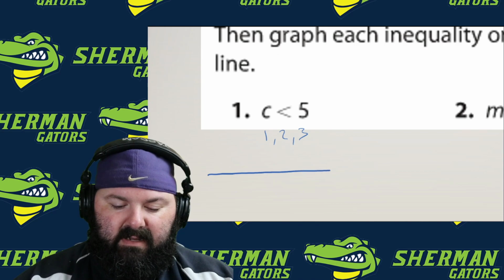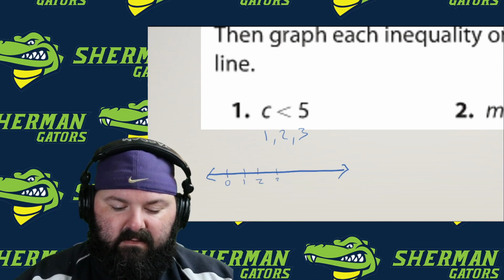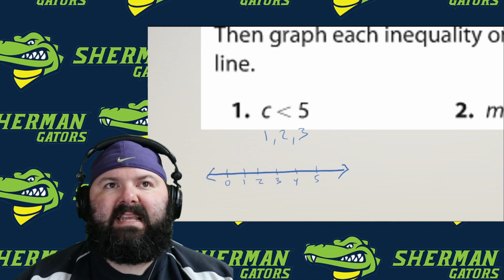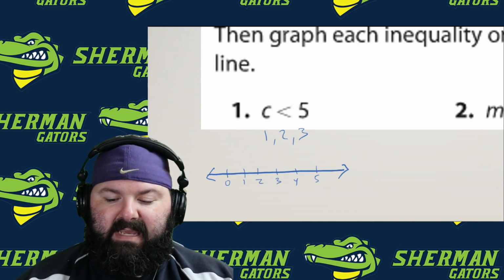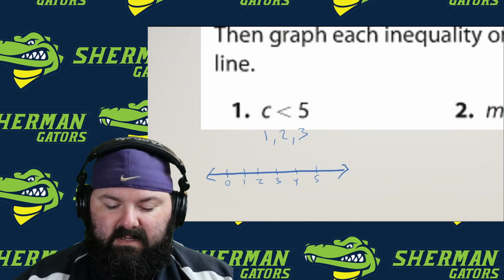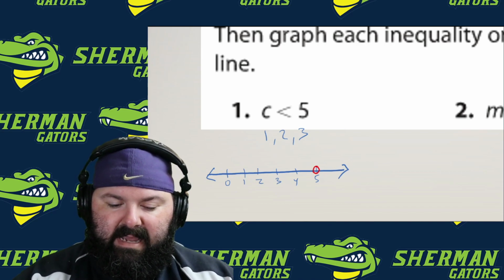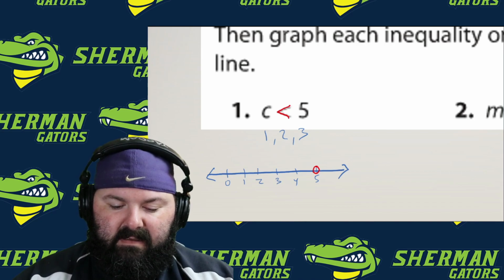So I'm going to make my number line. And I'm going to start here: 0, 1, 2, 3, 4, 5. And it's just saying less than. Remember, if it's not less than or equal to, the circle is going to be open. So I'm going to do my open circle, and it's pointing to the left.